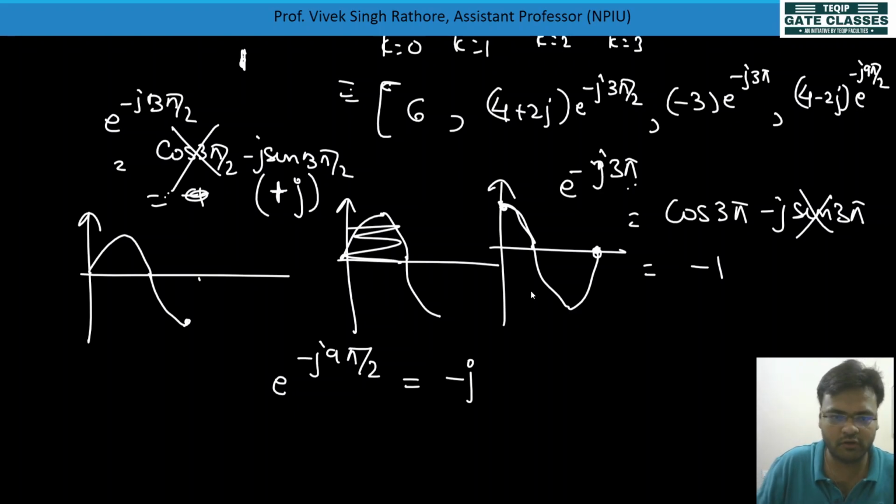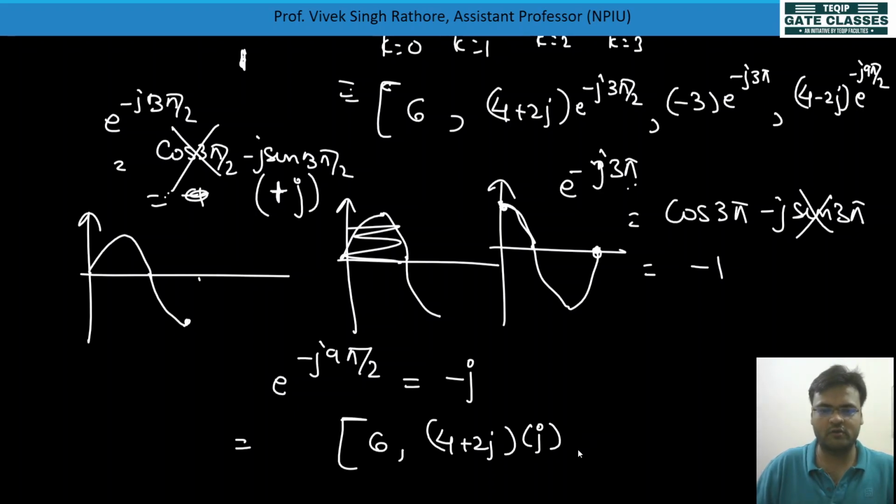So let's put the values. Here 6 is 6 only, 4 plus 2j into e to the power minus j 3 pi by 2, whose value is j only. Then we have minus 3 into e to the power minus j 3 pi, whose value is minus 1. The next value is 4 minus 2j, and its value is minus j.